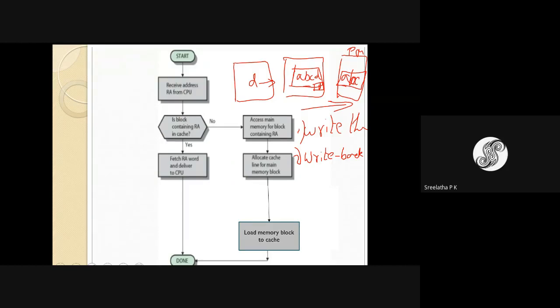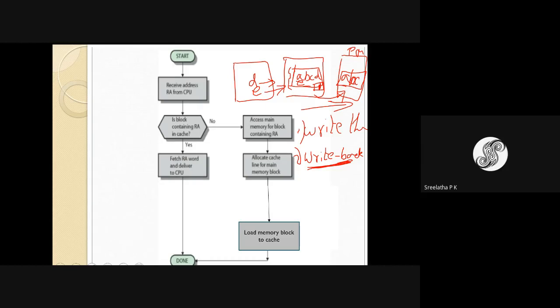Now, the processor wants to write E to this block. So E is written. Again, the dirty bit is 1 only. It means it is modified data that is present in cache. The updated data present in cache is not written immediately to the primary memory. This is the second method, write back protocol or copy back protocol.